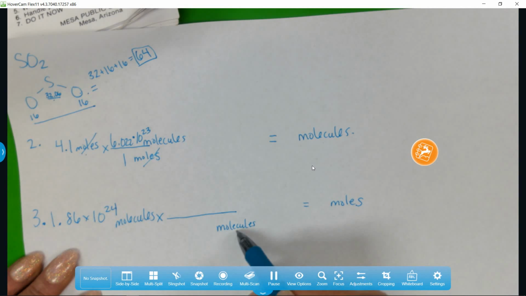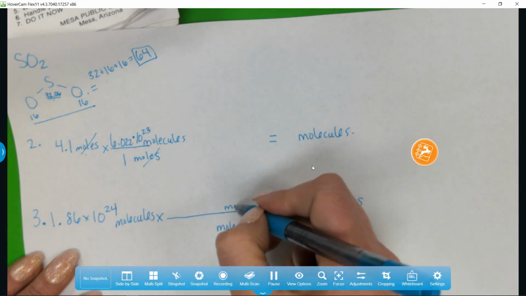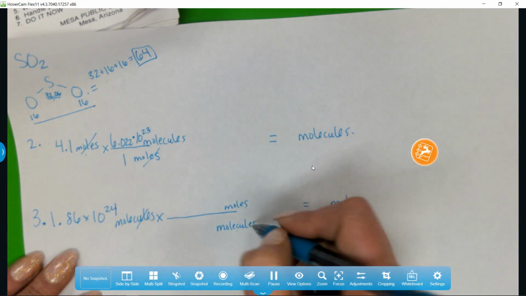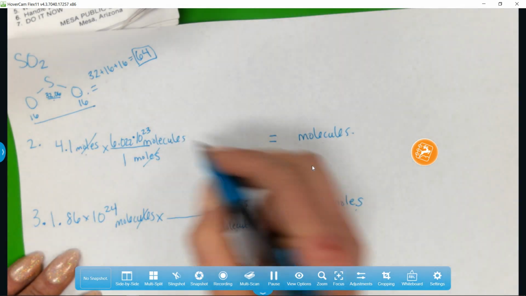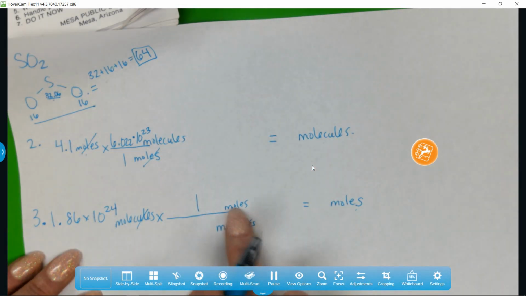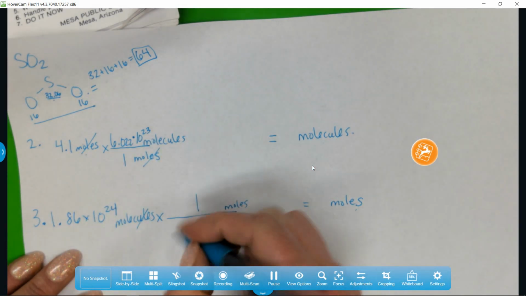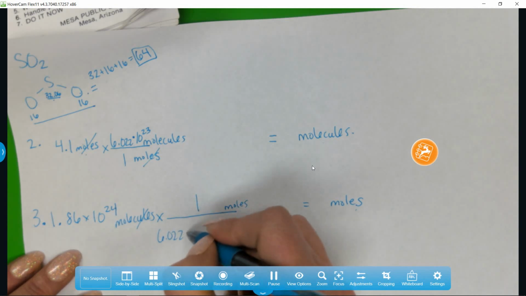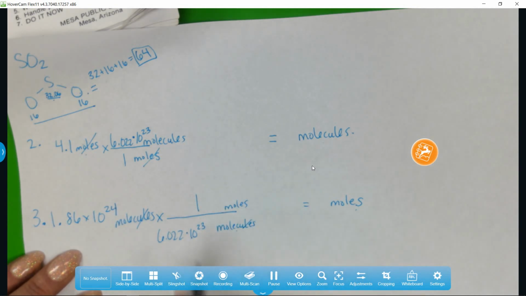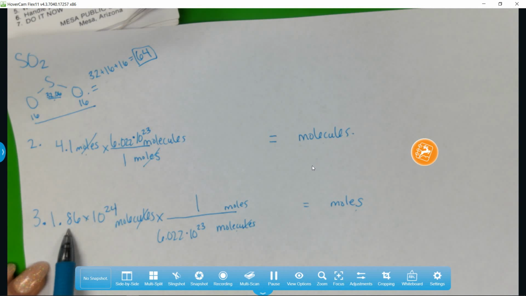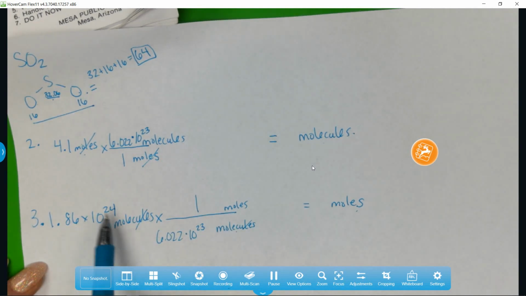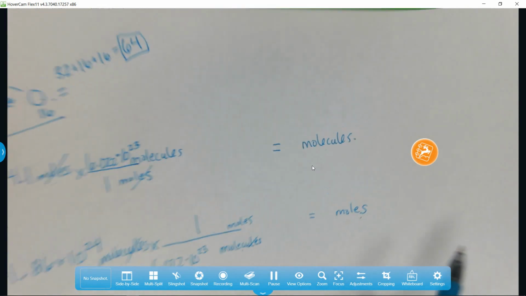And I'm just going to plug in, I'm trying to get to moles, so moles is going to go on the top. Molecules will cancel out, and I'll be left with moles. So I'm just going to fill in the 1 next to the moles and Avogadro's number next to the molecules, and that'll tell me whether I multiply or divide. So in this case, once I multiply across, I would divide this by that to give me the number of moles.